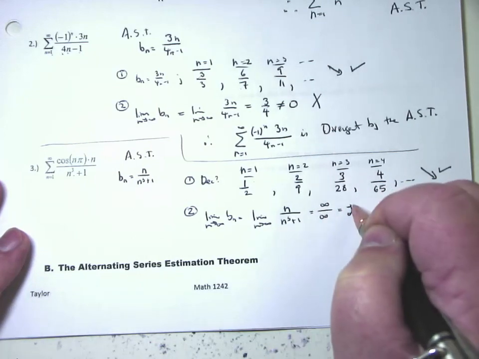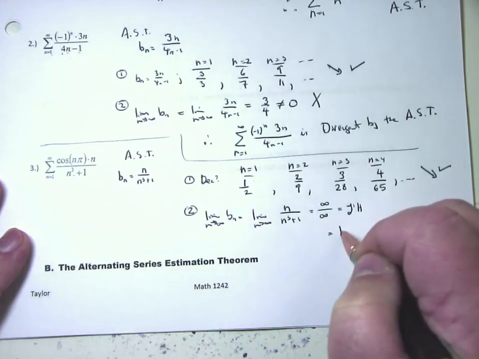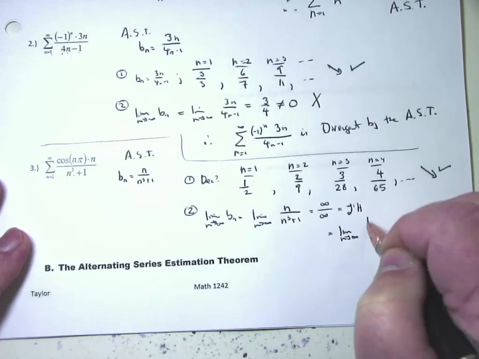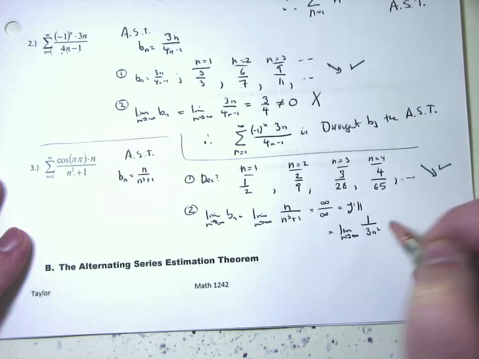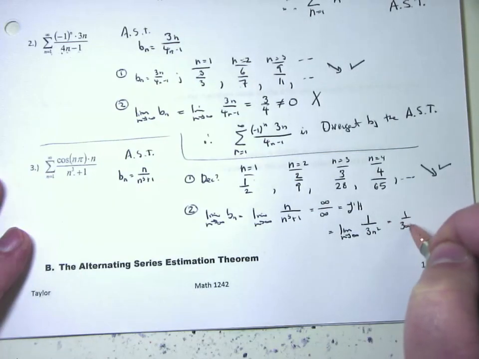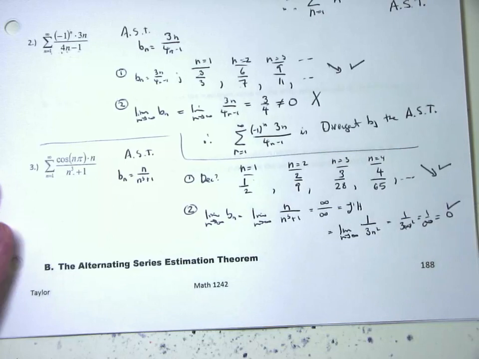So to show my work, L'Hopital's rule. This would be equal to the limit as n approaches infinity of the derivative of the top, derivative of n is 1, over the derivative of n cubed plus 1, which is 3n squared. When I plug in infinity, this will be 1 over 3 times infinity squared. 1 over infinity is 0. It converges to 0.